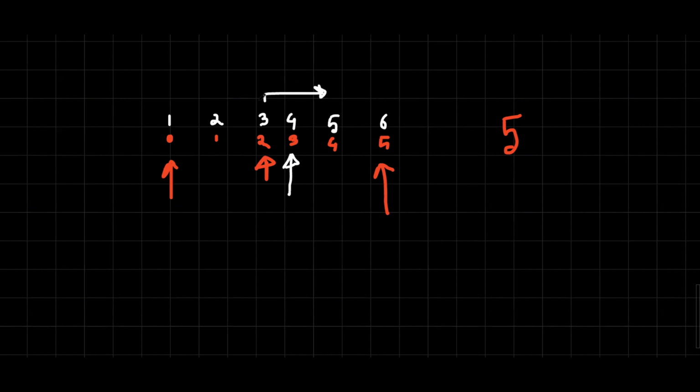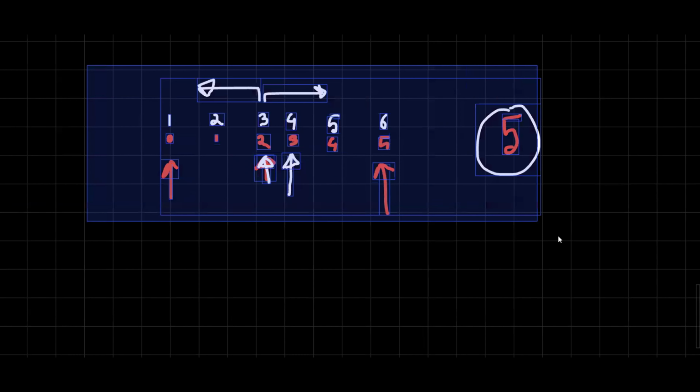And if our target value is less than the mid value, we have to shift our end pointer to mid minus 1. And we have to repeatedly do it and find this value 3 or this value 5. Now, this is the basic intuition of binary search. So now our problem is how this intuition can help us to solve this problem.